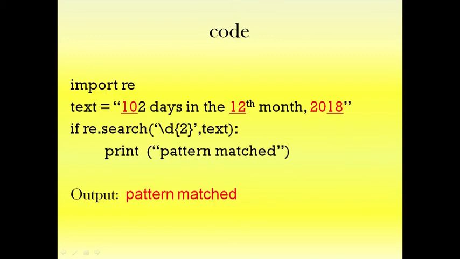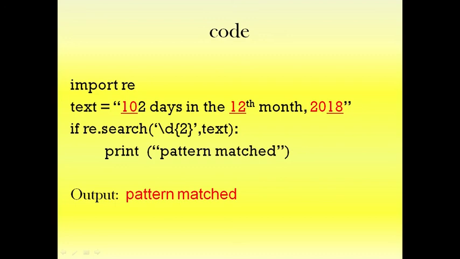What about if we have a number in these curly brackets? So here we have a digit, backslash d, match 2 digits. Here the text says 102 days in the 12th month 2018. I've underlined the 2 just to try to make it a bit clearer. We're going to match the 1 and 0 because that's 2 digits, the 1 and 2 because that's 2 digits, the 2 and 0 because that's 2 digits, and then the 1 and 8 because that's 2 digits.